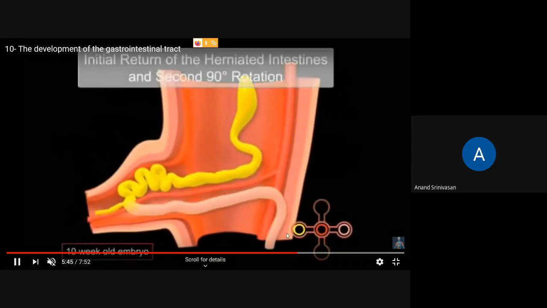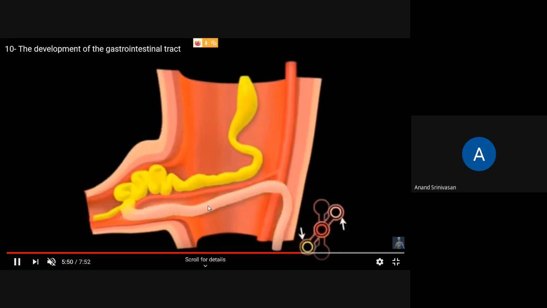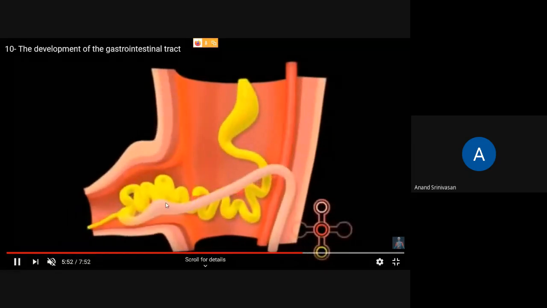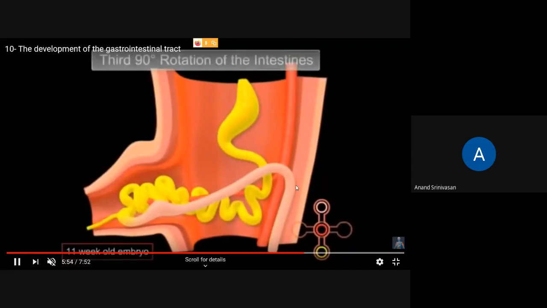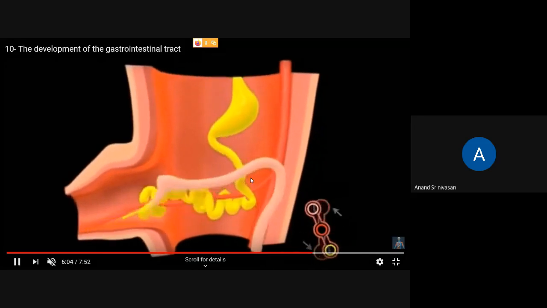During the next 90 degrees, there will be the formation of the cecal bud. And in the last 90 degrees of anti-clockwise rotation, the cranial limb goes inside first and then the caudal limb follows.